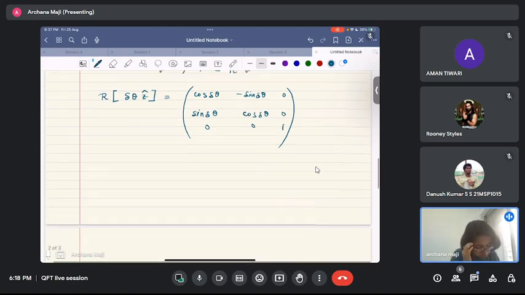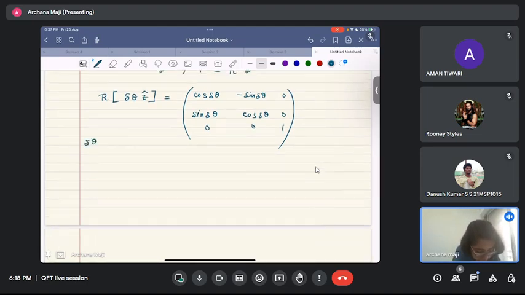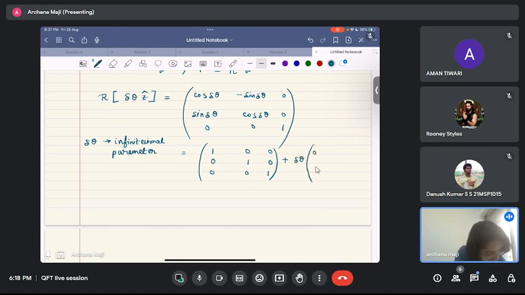Now consider delta theta to be an infinitesimal parameter. So you can Taylor expand this cos and sine, and that will give you the identity, 1 0 0, plus delta theta times the matrix 0 minus 1 0, 1 0 0.